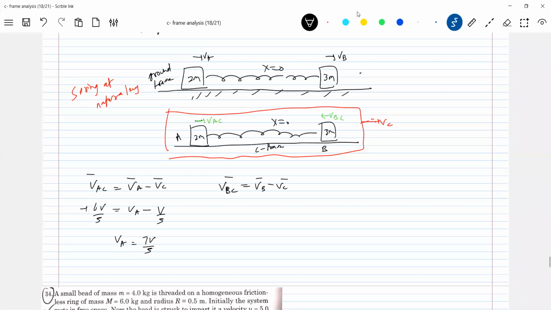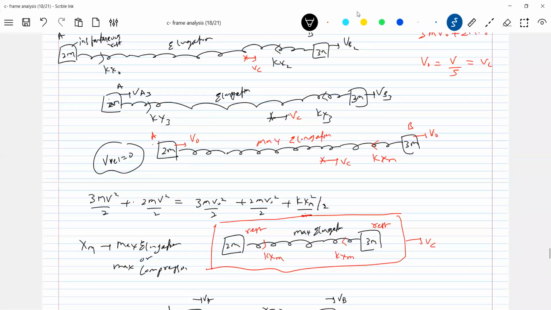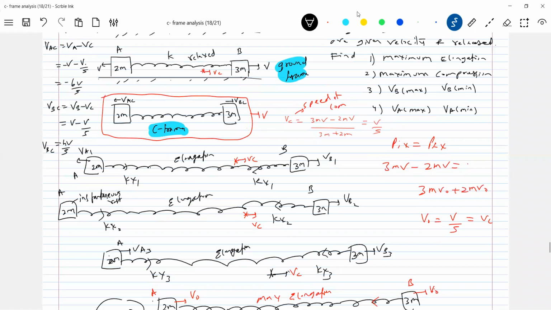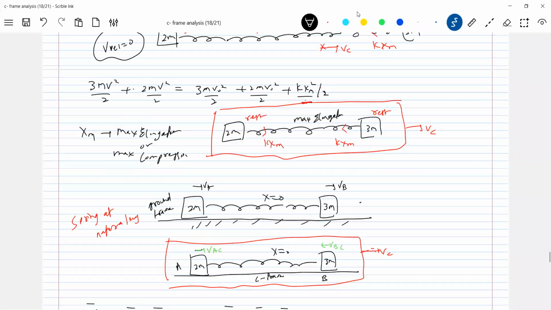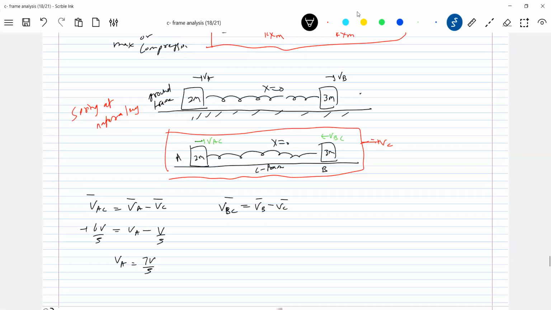VBC is how much? Magnitude 4V by 5, no? What direction? Towards left. Velocity of center of mass is plus V by 5. The unknown thing, leave it. The unknown thing is VB.